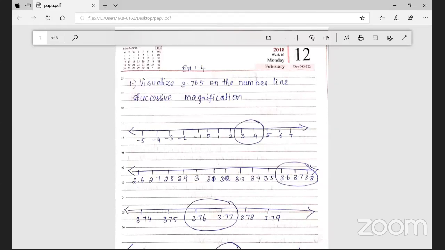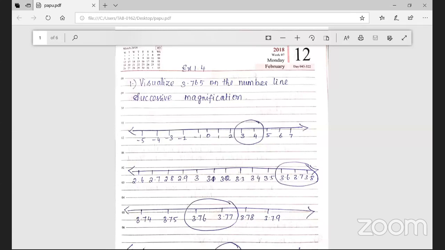And non-recurring means there will be no block of digits. See, non-terminating means what? No, 0 will be the remainder means that is terminating. Clear, Janvi? Okay, ma'am, I was confused.